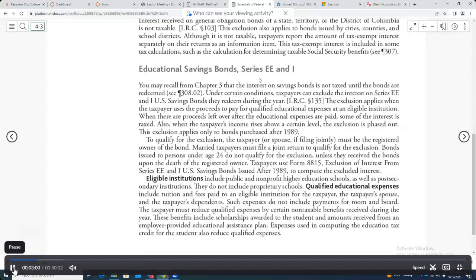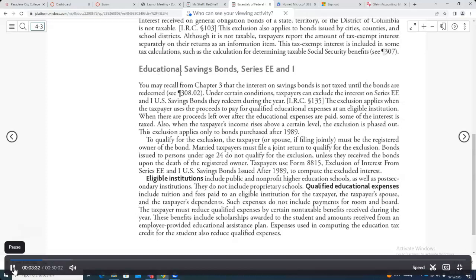Educational savings bonds, Series E and I, you can look at those by reading here, but let me find something. So we have some eligible institutions, either private or governmental institutions. If you pay any of the tuitions to those qualified educational organizations, those expenses include tuition fees paid to eligible institutions. Those are qualified expenses.